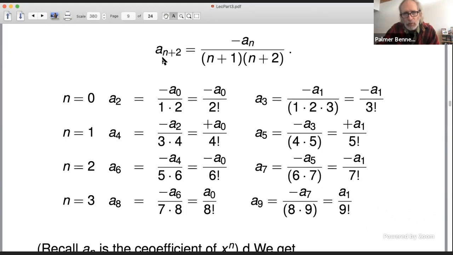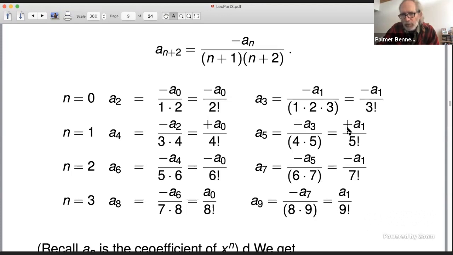A5 is when I add 3 to 2. So I'll get minus A3 over 4 times 5. And that's going to be, using the previous formula, plus A1 over 5 factorial. A7 is negative A5 over 6 times 7.